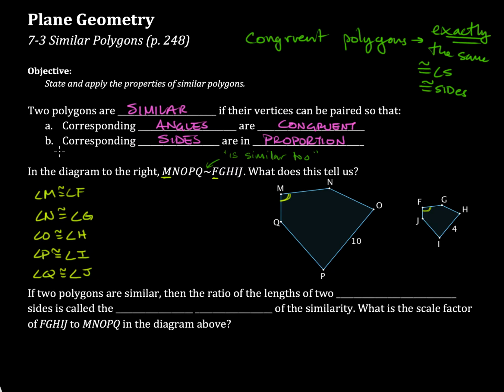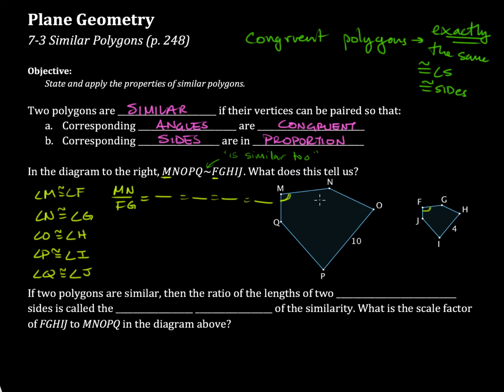And then I also know, part B of the definition, that the corresponding sides will be in proportion. So for instance, MN will not be equal to FG, because remember, this is a shrunken, a reduced version of this, a smaller version of this polygon right here. So MN will not be equal to FG, but if I take MN and put it in a ratio with FG, that ratio will equal a few other ratios, right?